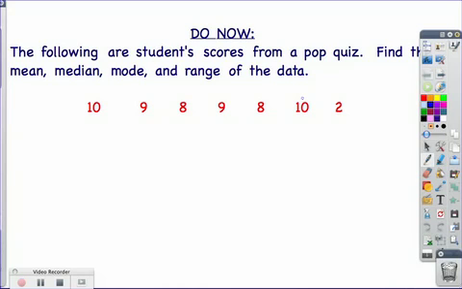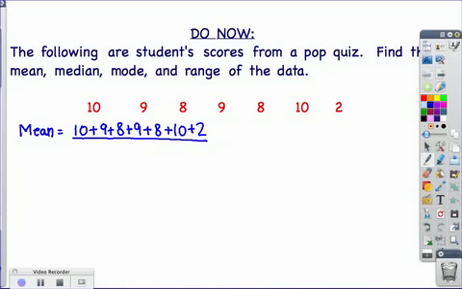Let's start with the mean. A mean is like an average. To find the average, we add up each of the data points and divide by the total number of data points. So for the mean, I would add 10 plus 9 plus 8 plus 9 plus 8 plus 10 plus 2 and divide by the number of data points. 1, 2, 3, 4, 5, 6, 7.